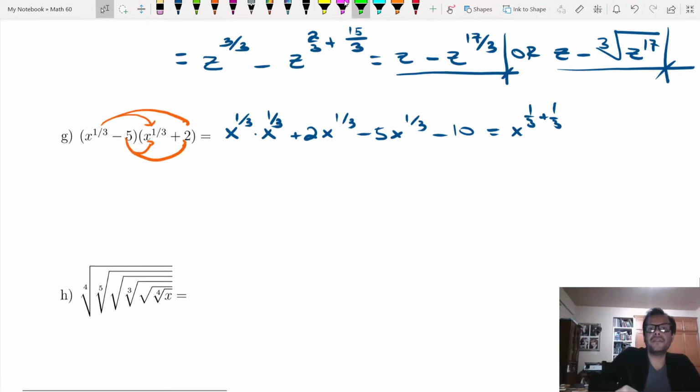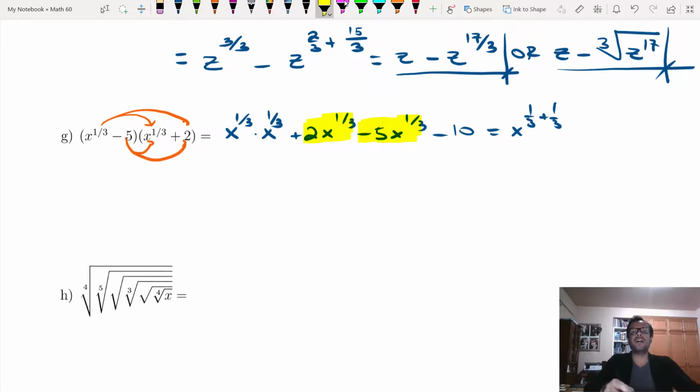And then notice this guy right here, right? These are like terms, right? How do we know they are like terms? Remember, like terms have the same variables raised to the same exponents, right?